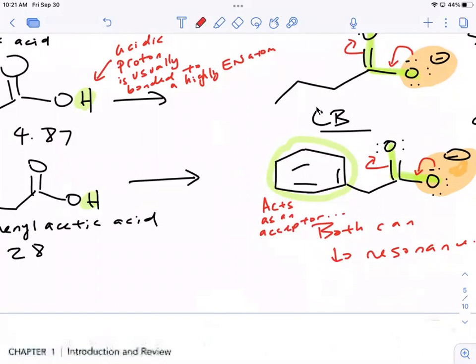So induction means that there can be a dipole set up because you have an electronegative atom or an electronegative functional group that can pull electron density towards itself. Resonance is actually physically moving electrons from one atom to another. But induction is moving electron density.